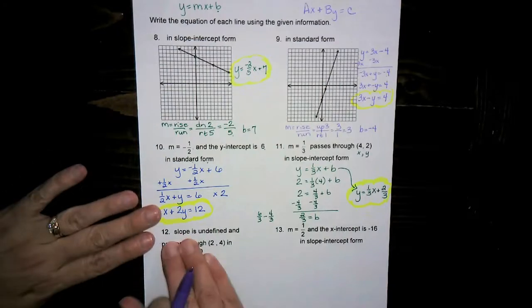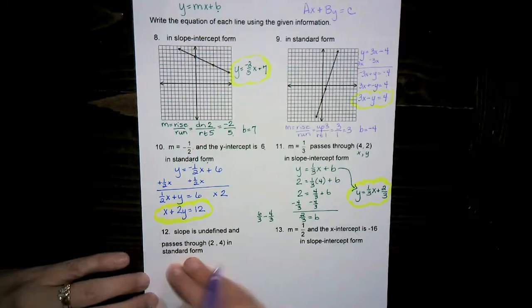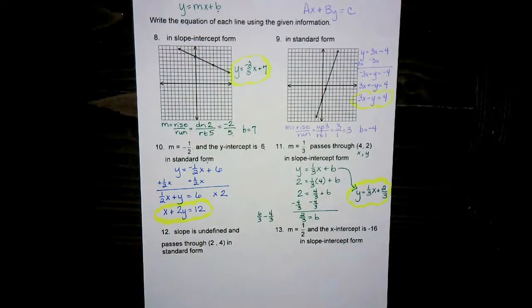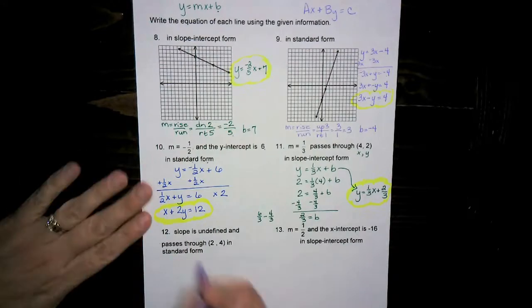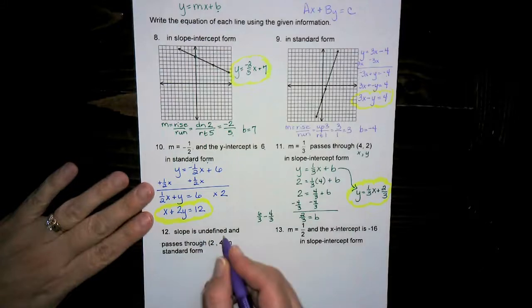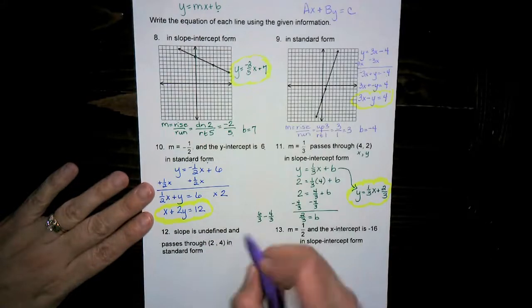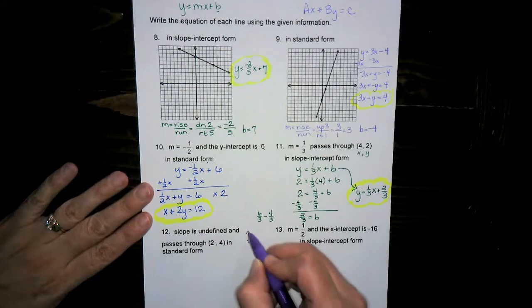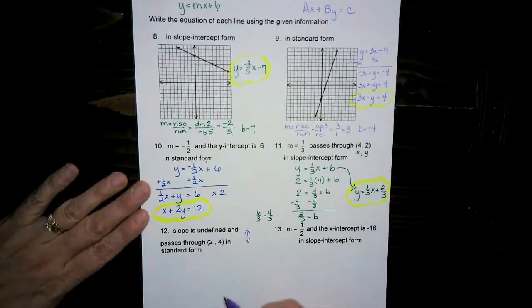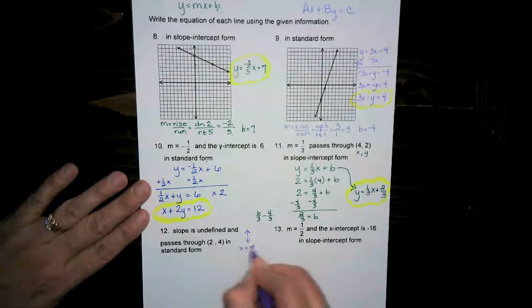All right, number 2. Slope is undefined. Oh my goodness. So remember, oh no, no, undefined slope is a vertical line. We talked about that earlier in the lesson. A vertical line always has the formula x equals some number. Now look at your point.